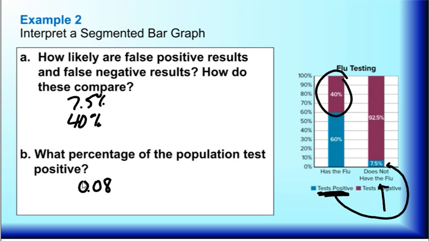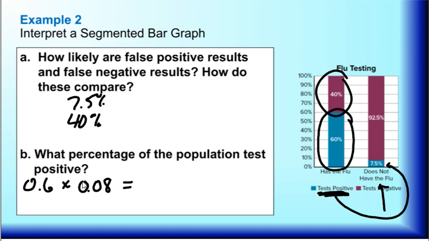To test positive, I have to look at all the blue. So if they have the flu, 60% of the 8% of people who have the flu tested positive.